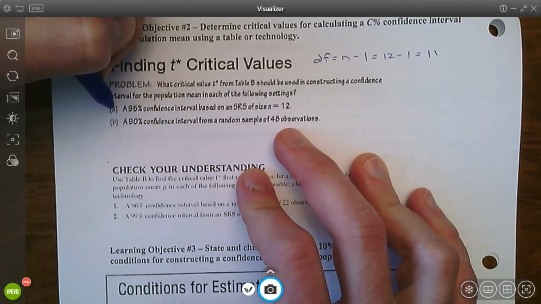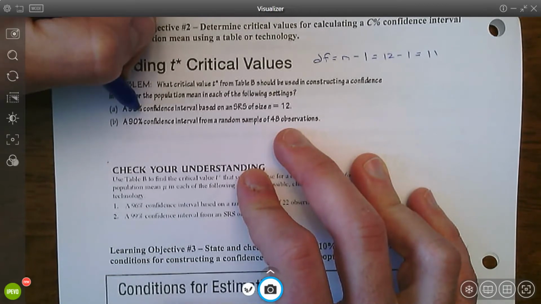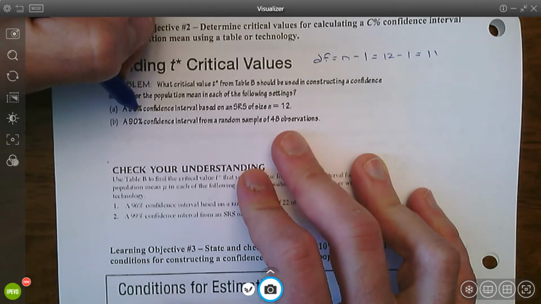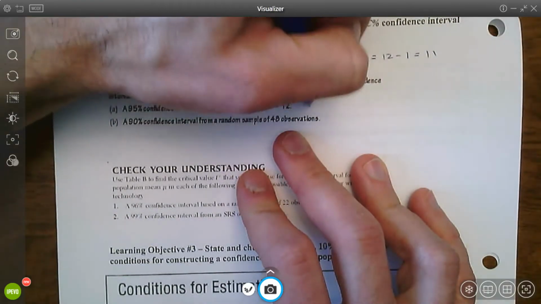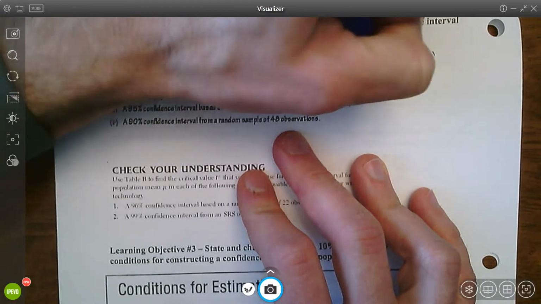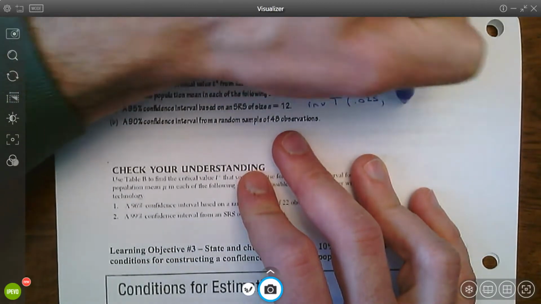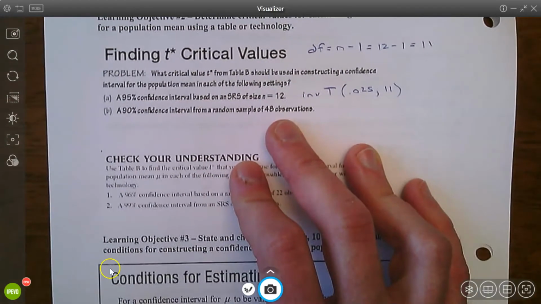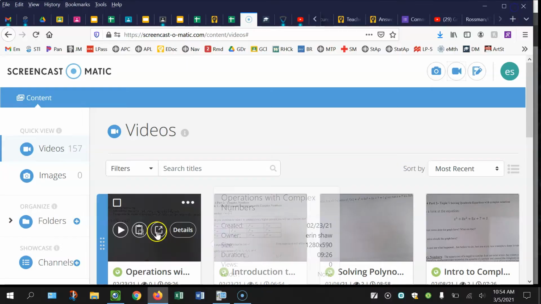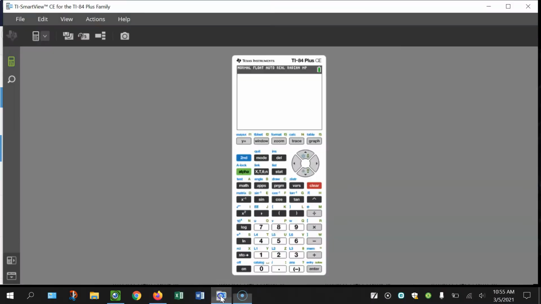So for this one, a 95% confidence interval, that would mean there's 5% left over in the two tails. Split that in half. There's 2.5% left in each tail. So I would do inverse t, 0.025, comma 11. So let me bring up the calculator for that.